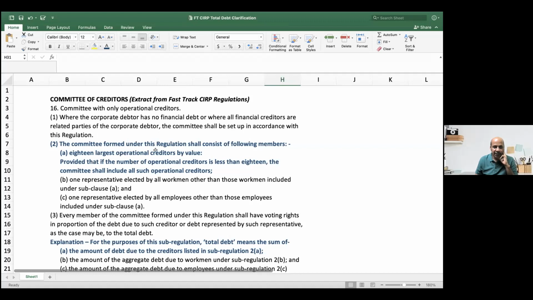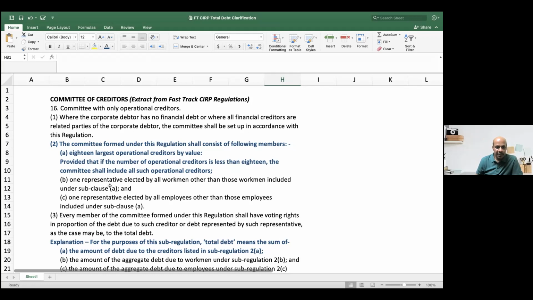So it says committee formed under this regulation shall consist of following members. Number A, 18 largest operational creditors by value, provided that if the number of operational creditors is less than 18, the committee shall include all such operational creditors. I think it's very clear. जहाँ पे 18 से ज़्यादा होंगे, it will be only the large 18, otherwise all of them.